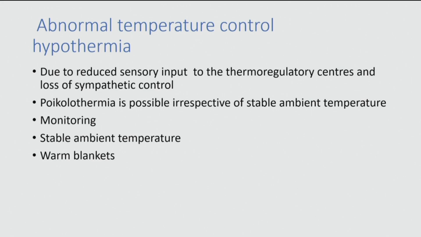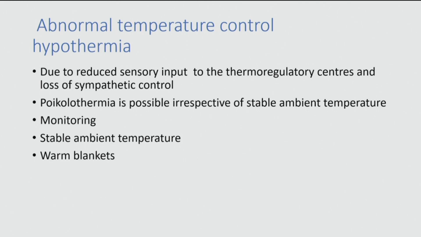Abnormal temperature is also an issue due to reduced sensory input to the thermoregulatory centers and loss of sympathetic control. You can have temperature issues, and poikilothermia is possible irrespective of stable ambient temperature. We see poikilothermia in lizards and snakes, because their temperature goes up and down, but when sympathetic control is cut, then you can have poikilothermia.